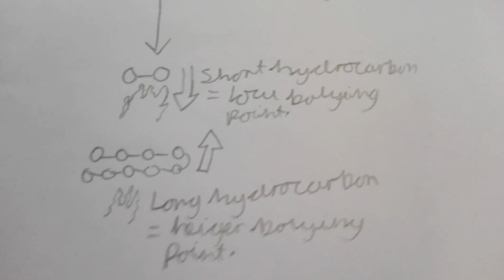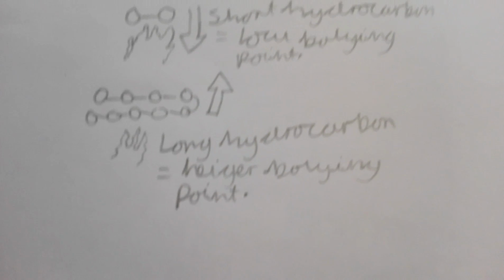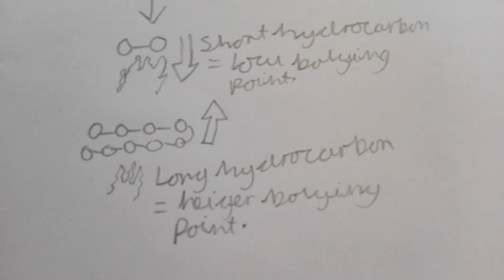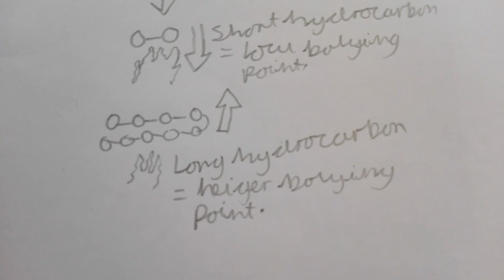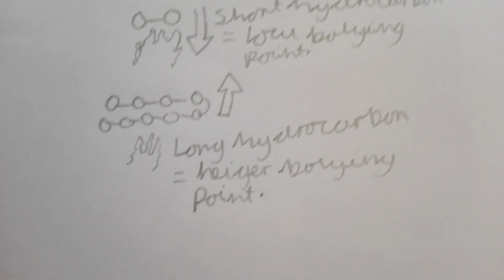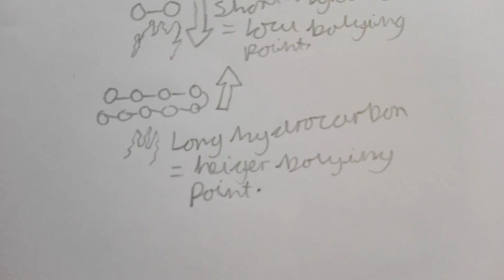The short hydrocarbon molecules have a lower boiling point, and the long hydrocarbon molecules have a higher boiling point. So you wouldn't need to burn the short hydrocarbon molecule for very long. However, you'd need to burn the long hydrocarbon molecule for longer.